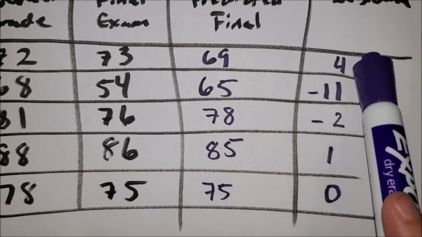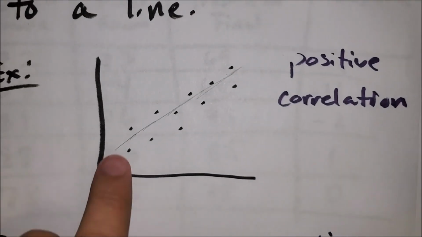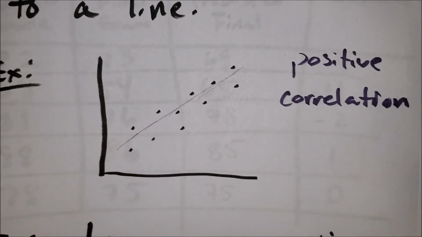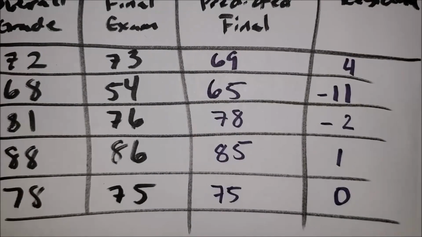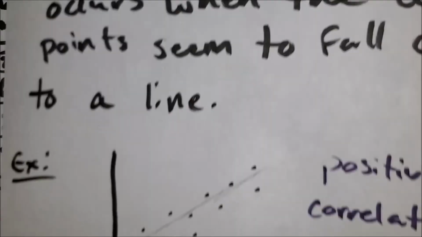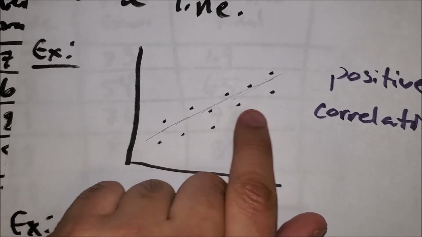So when it's a positive residual, that means that the point is above the trend line. And if we look at our examples from before, we have some points that are above the trend line. These would have a positive residual. And then if you look here, we have some of them that are negative. Those mean that those points are below the line. These points would have a negative residual.